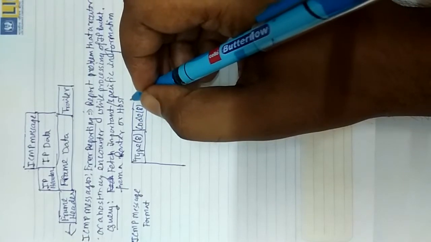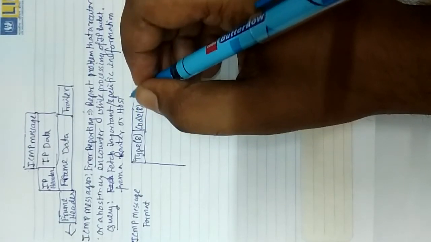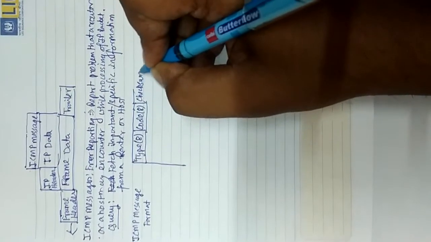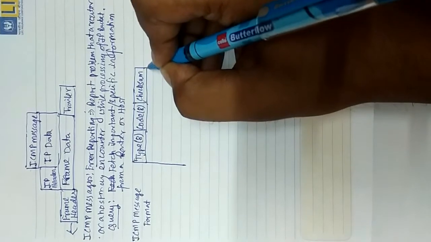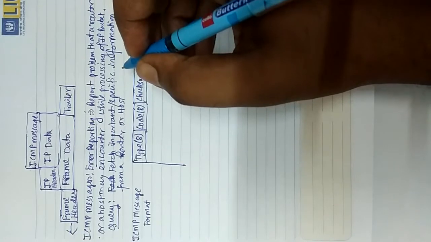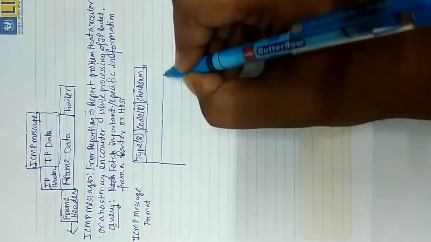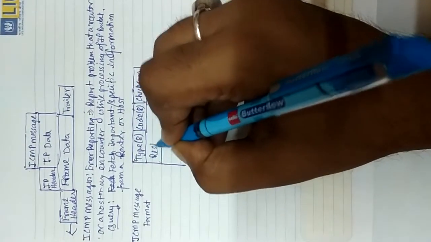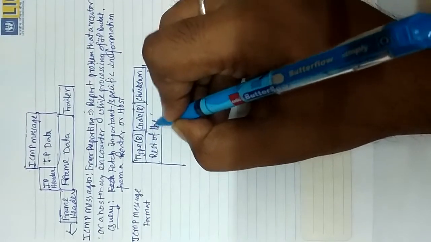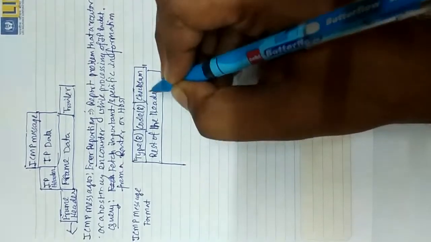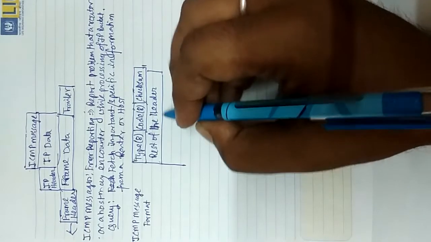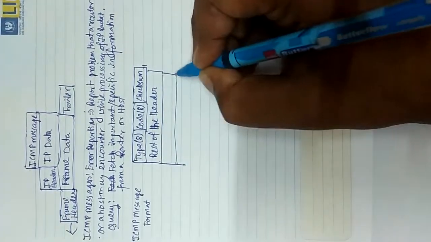This code is the reason for the message type. And finally this is a checksum, which is for error checking. Next is the rest of the header, which is for each message type. And finally it is the data section.